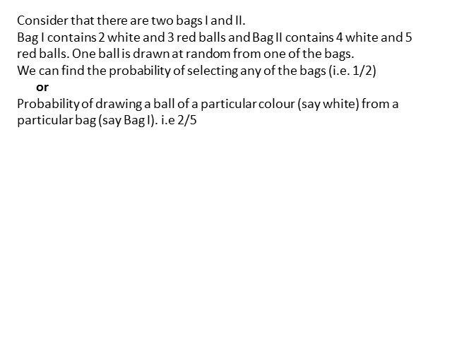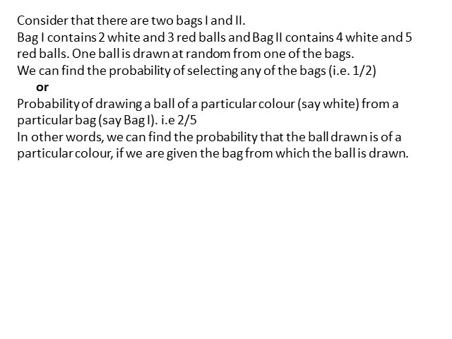The probability of drawing a ball of a particular color, say white, from a particular bag, say bag number 1, is 2 by 5. In other words, we can find the probability that the ball drawn is of a particular color if we are given the bag from which the ball is drawn.